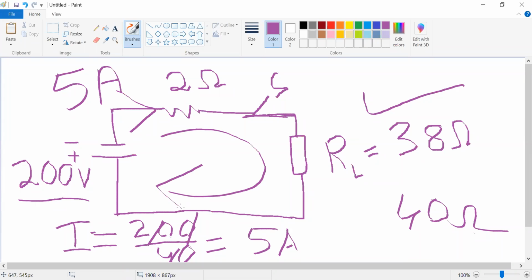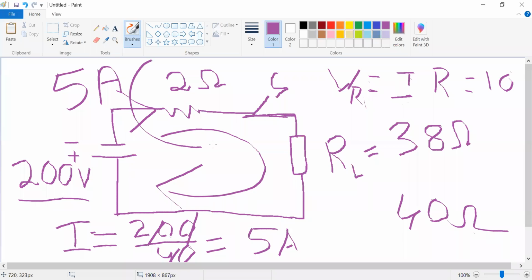When current passes through the 2 ohms resistance, the voltage drop across this resistance is V equal to IR, 5 amperes times 2 ohms, equal to 10 volts.